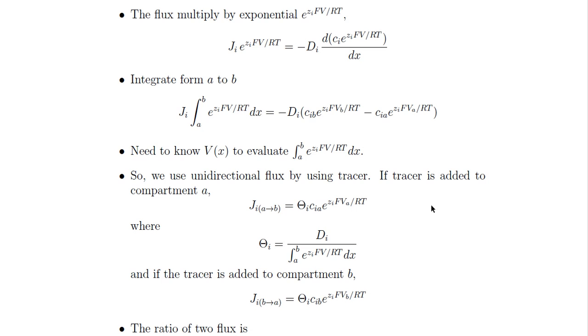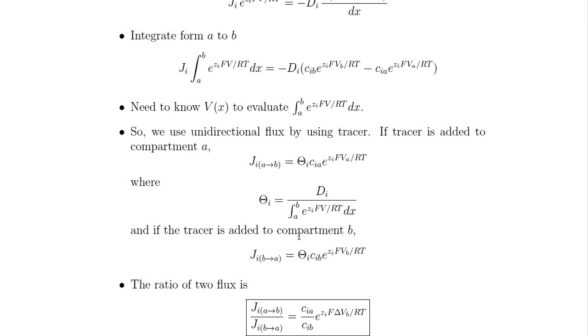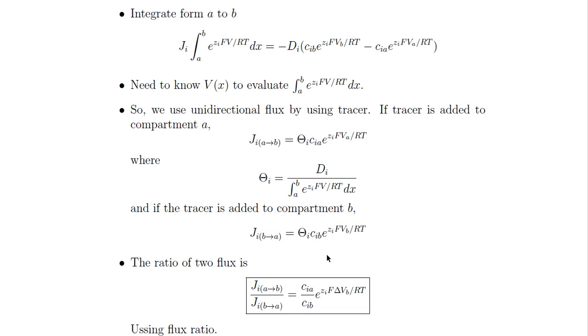In the first experiment we put the tracer in compartment A, moving to compartment B, and in the second we put the tracer in compartment B, moving to compartment A.